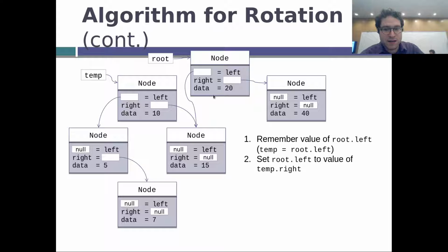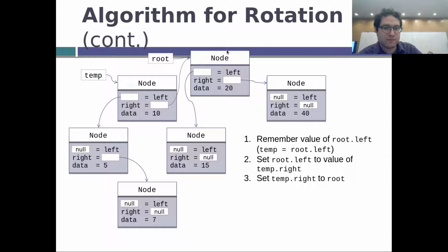Set your left's right child to your left child. Now normally that would do bad things to the tree, but we're holding on to this temporary variable.